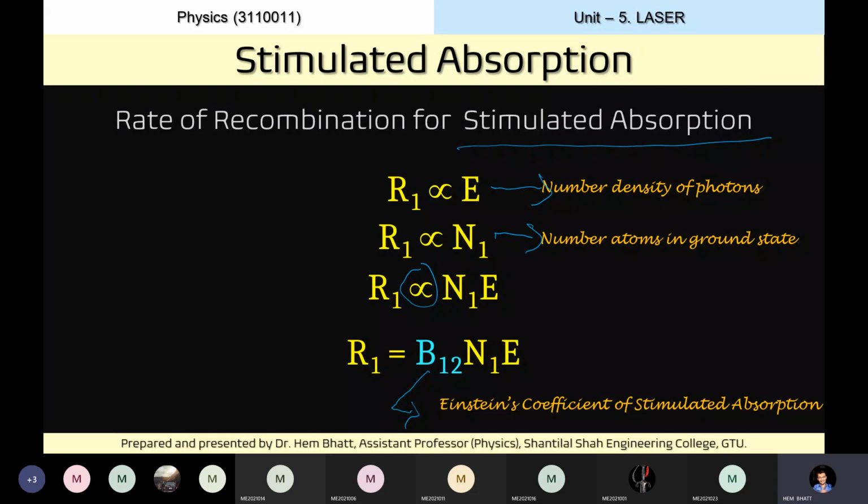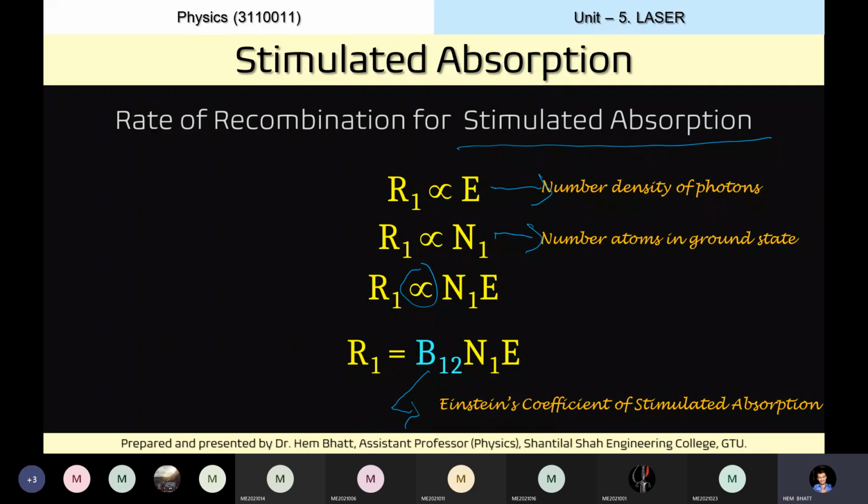In this topic, you will face difficulty with these terms. You will not be able to remember the terms properly. There will be confusion among N1, N2, R1, R2, R3, B12, B21. So when you write B12, you must know what it is, and when you write N1, you must know what N1 is.